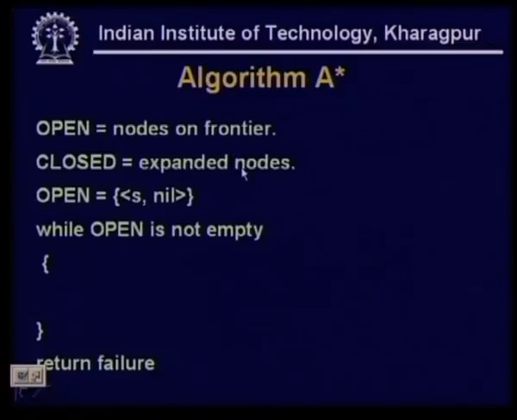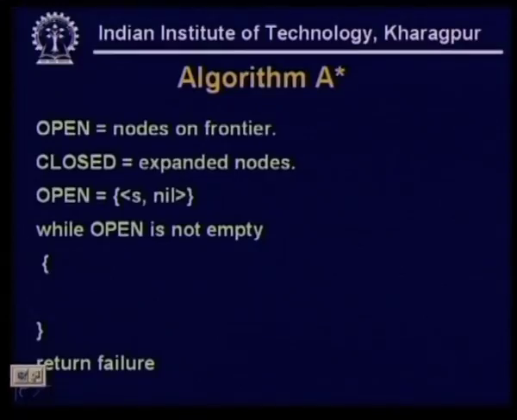So, to briefly recapitulate algorithm A star, we have two lists, open and closed. If we want to deal with a state space containing repeated states, and we want to ensure that a particular state does not get expanded multiple times, we need to keep along with the open list another list called closed, which consists of nodes which have already been expanded.